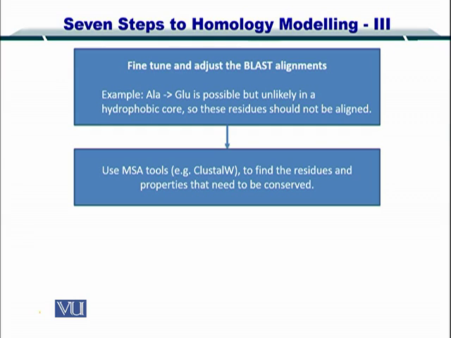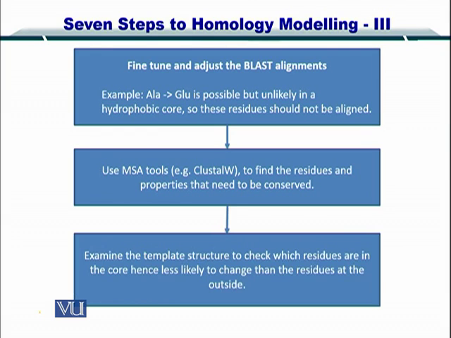So you can use multiple sequence alignment tools such as ClustalW to find residues and properties that need to be conserved. So by looking at the conserved properties, you can make sure that amino acids that are giving rise to those properties are conserved and therefore not substituted.